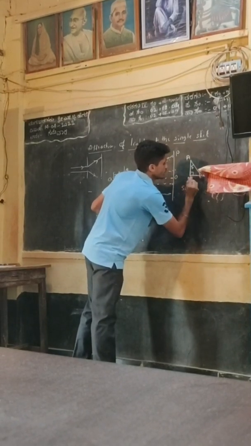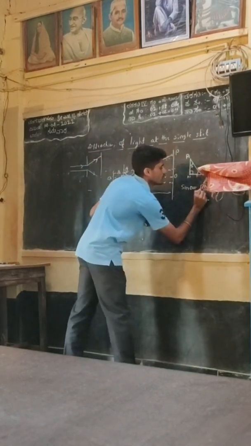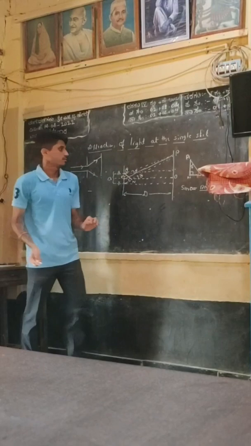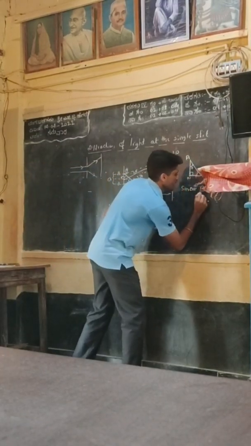So theta's opposite side is BN, and then the hypotenuse is AB.